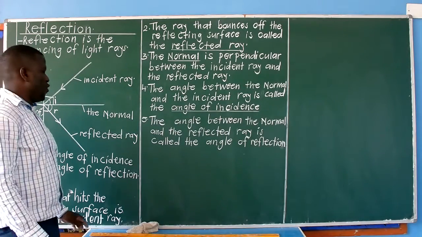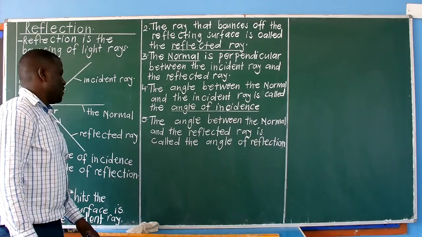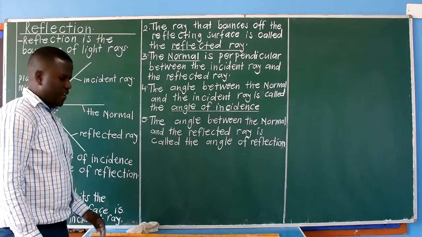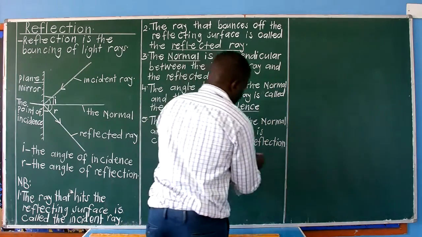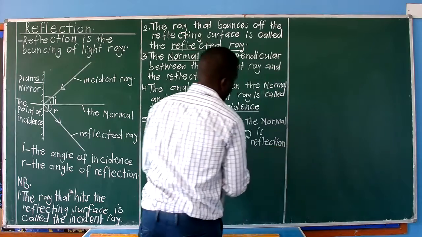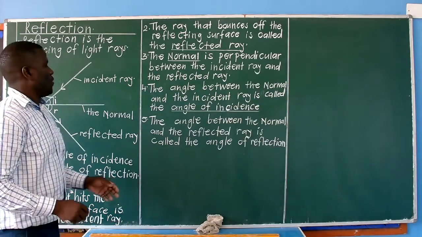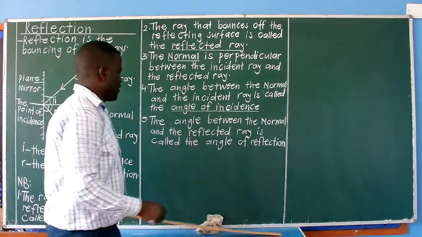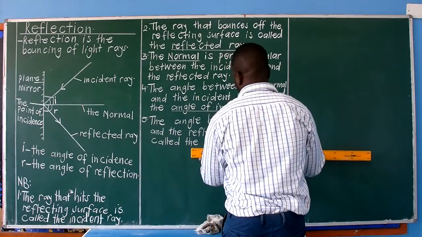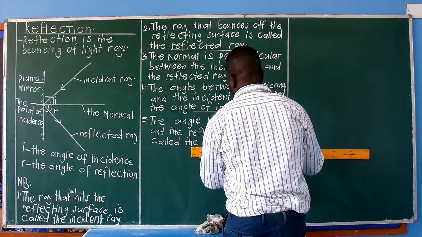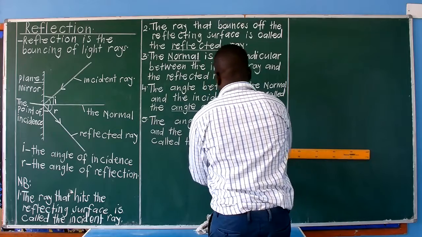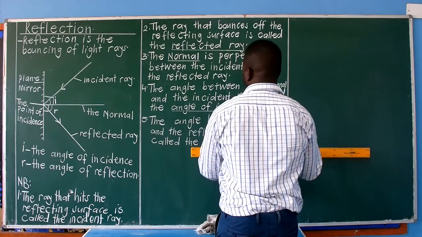The angle between the normal and the reflected ray is called the angle of reflection. That's what we mean by the angle of reflection.